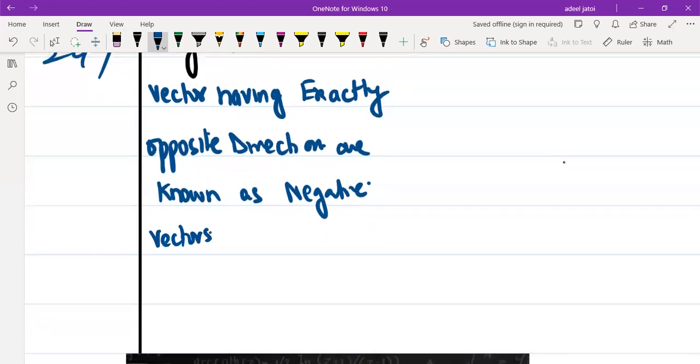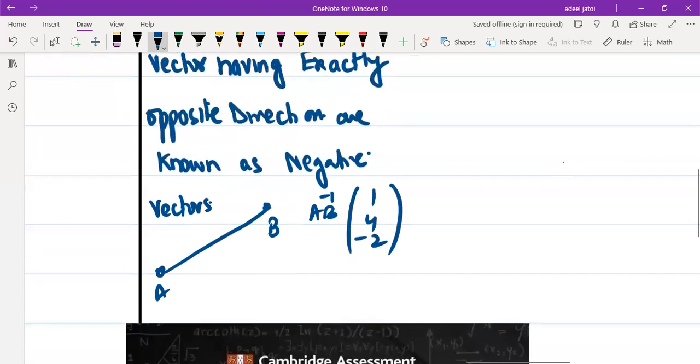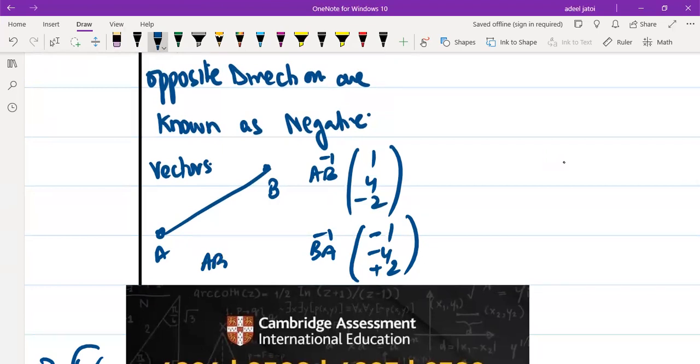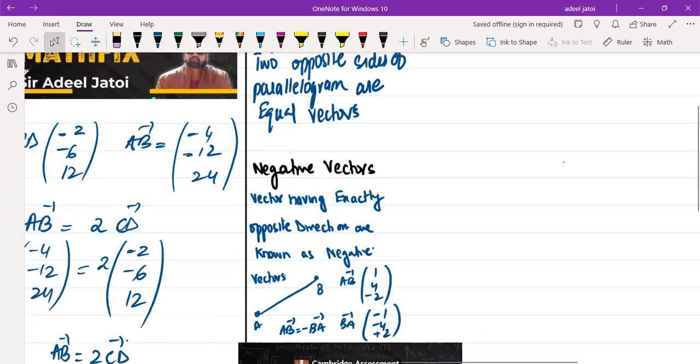Suppose I have A and B, and AB is 1, 4, negative 2. So BA will be negative 1, negative 4, and positive 2. That means the direction will change, and since the direction changes, the signs will change. So the AB vector is equal to negative BA. Whenever we have the opposite direction given, we always change the sign.